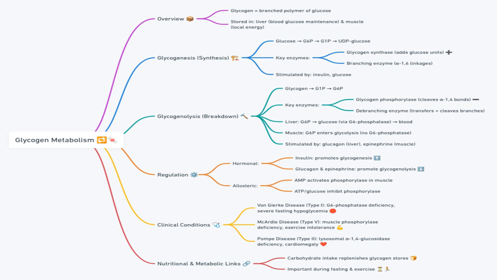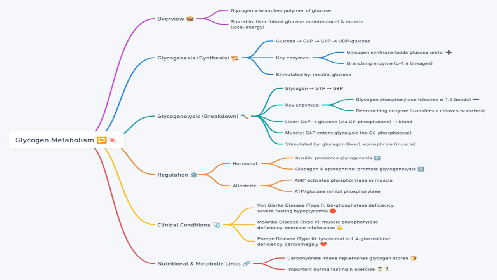The branching also increases the number of non-reducing ends to which new glycosyl residues can be added and removed, and this greatly accelerates the rate at which glycogen synthesis and degradation can occur.